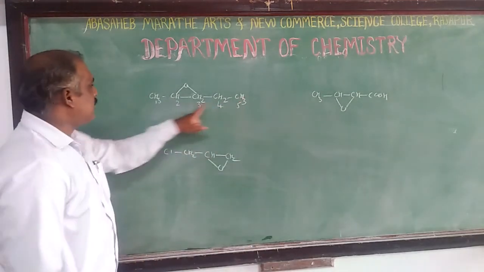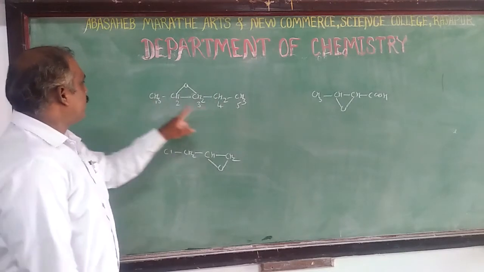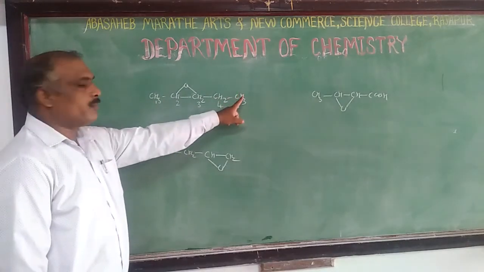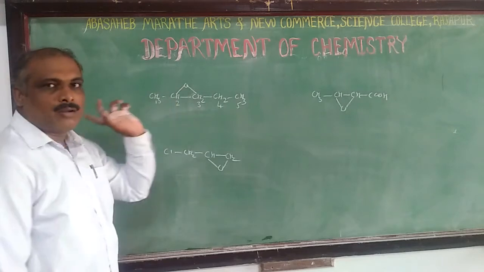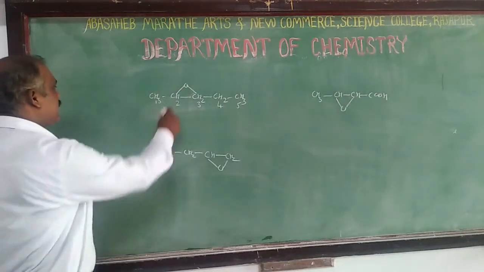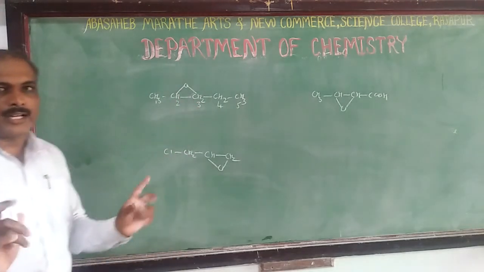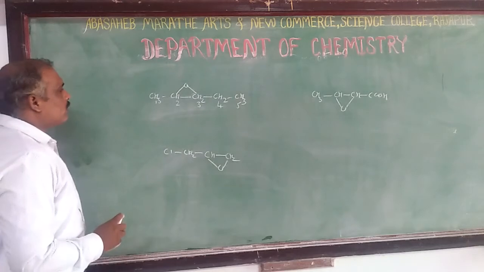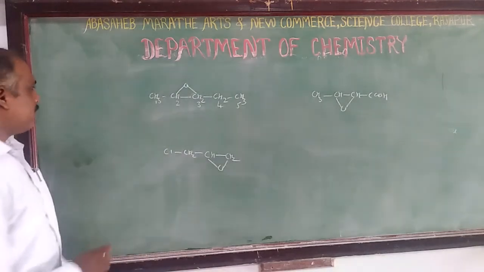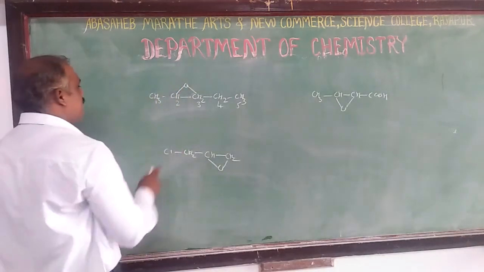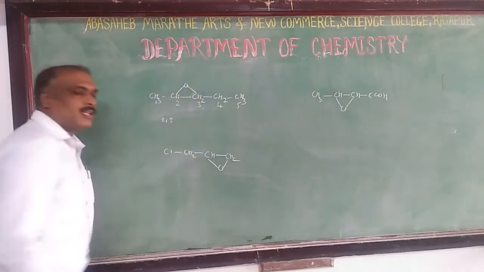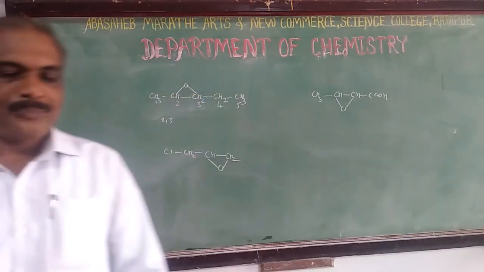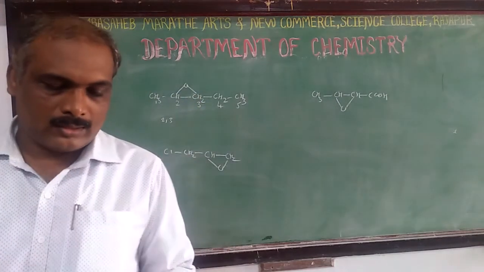Numbering does not start like this, because numbering starts like this, 1, 2 and 3. The third position will have the ether linkage, but numbering will start like this. It is the correct numbering. Therefore the name of this molecule is: positions 2 and 3 have the epoxy ring.